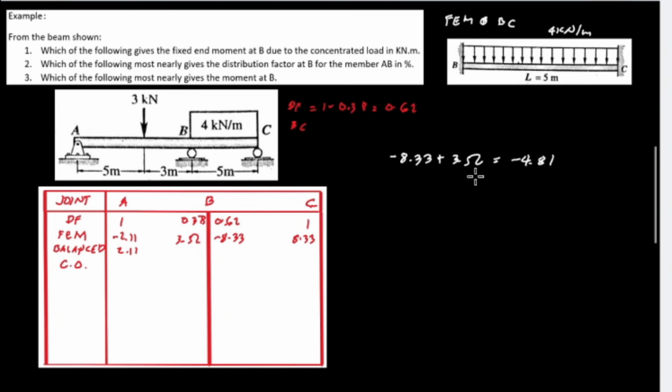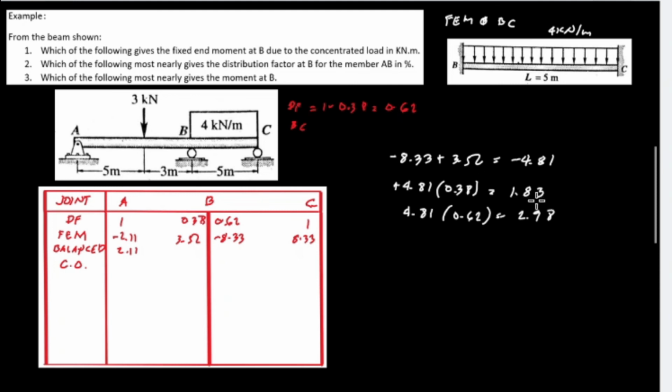So negative 4.81 multiplied by 0.38, and the value, that's 1.83, and we change the sign from negative to positive. 4.81 multiplied by the value for BC, which is the distribution factor of 0.62, and the value is equivalent to 2.98.